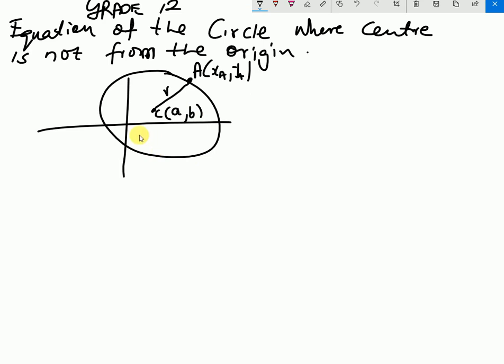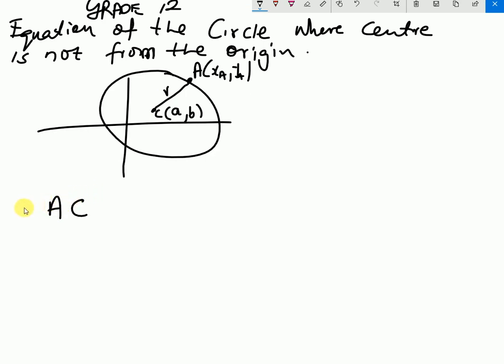If we have the circle where the center is not the origin, I'm telling you, because you have enough vocabulary of analytical geometry, people, we can use the distance formula to find the distance AC.